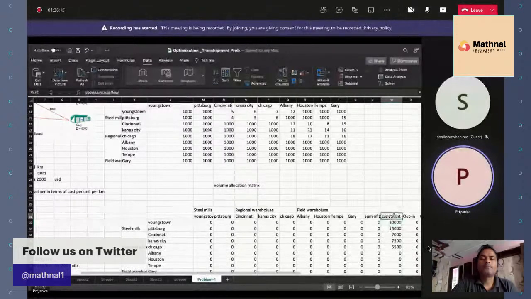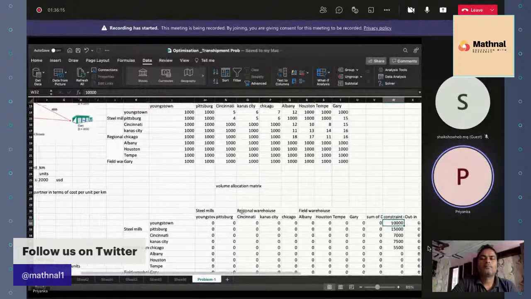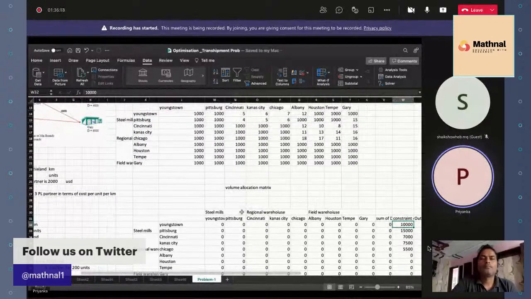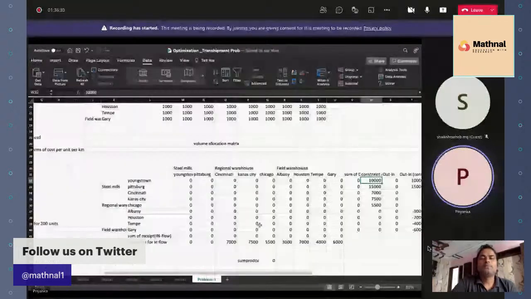So, constraint outflow. Pittsburgh, 15,000. What is the maximum dispatch Youngstown can do? 10,000. Maximum dispatch Pittsburgh can do 15,000.